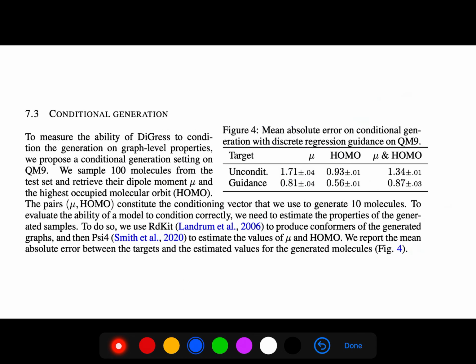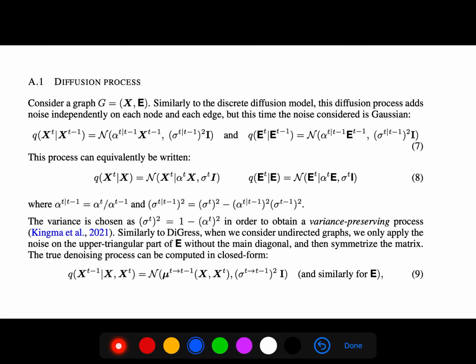And this is the mean absolute error on condition, because they have a conditional version of their generative model. They condition on HOMO. There are many variables you can do, but they did it on these. So you can compare them if you're conditional, unconditional, or with guidance.